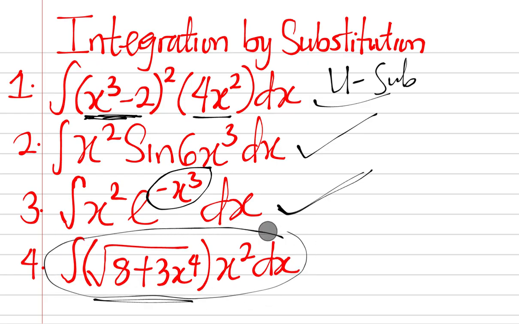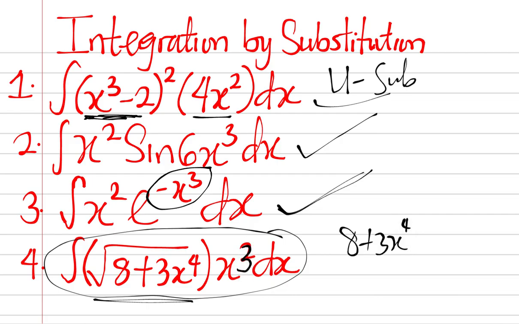So try this. The concept of this is, first rewrite this square root as raised to power 1 over 2. So this will be x plus 3x raised to power 4. No, this is power 3, not 4.